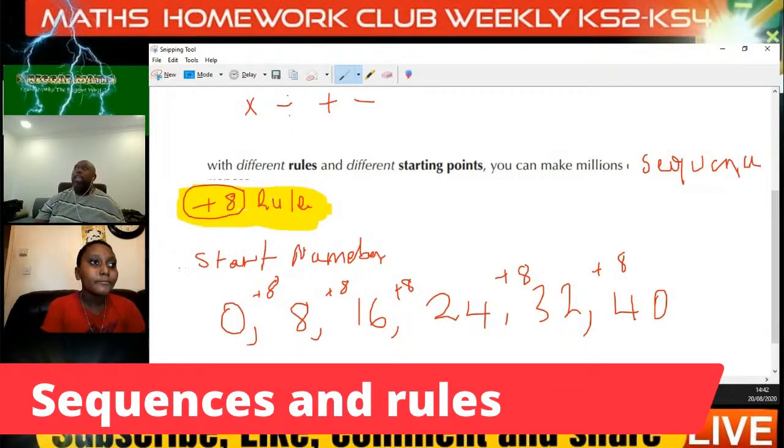Now, I can actually generate a different set of sequences by using a different start number.